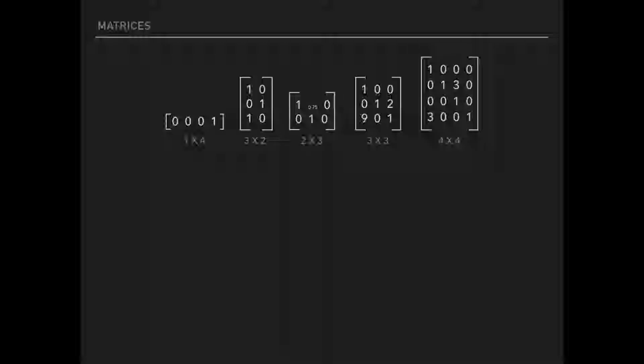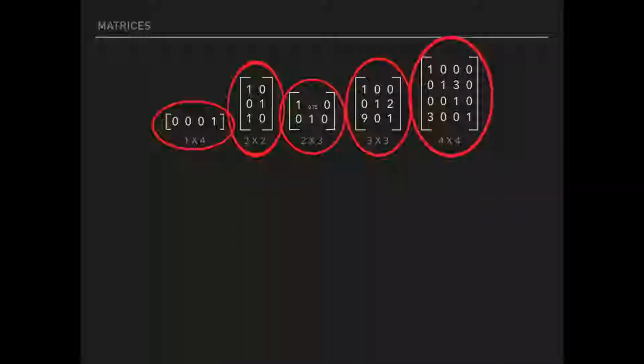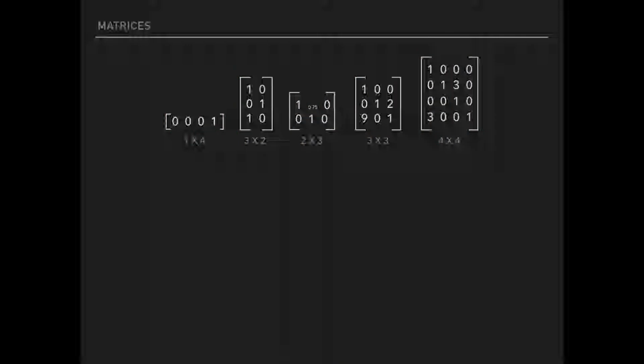These gorgeous things, you'll see we have a 1x4, a 3x2, a 2x3, a 3x3, and a 4x4 matrix. And we want to do operations with these things. What do these mean? The reason graphics and machine learning and all other computational algorithms out there use matrices is because they're really fast.